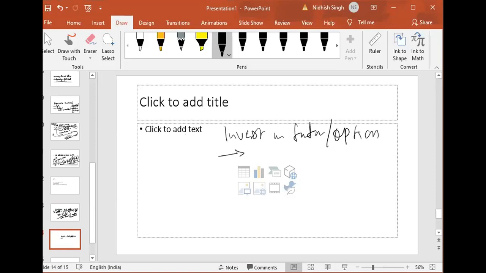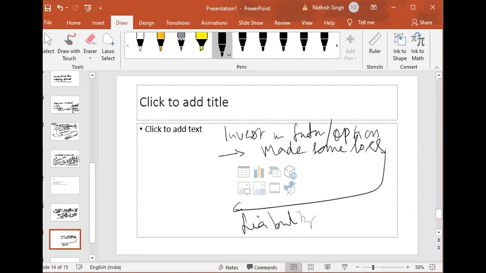In the course of trading, you might incur some loss. That will go as a liability in the balance sheet, and you can classify that as current liability.